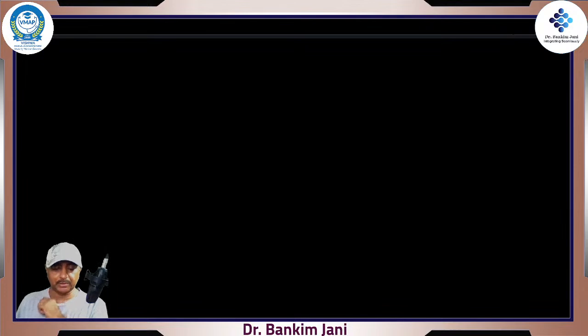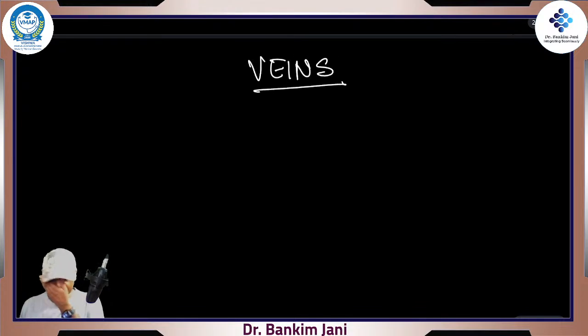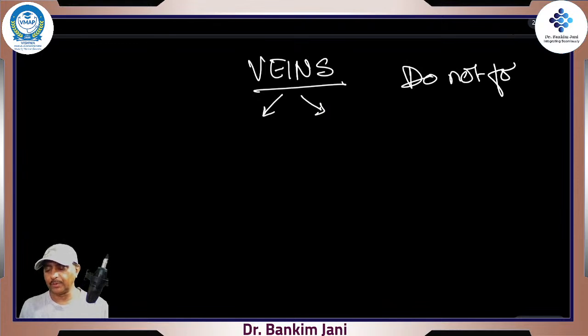Now we talk about the veins, right? Veins are much more comfortable because their final destination is known to you, those dural venous sinuses. So veins, first thing, they do not follow arteries.